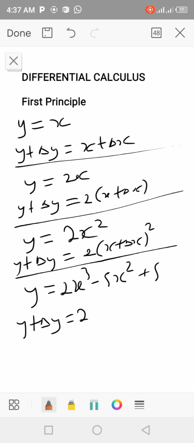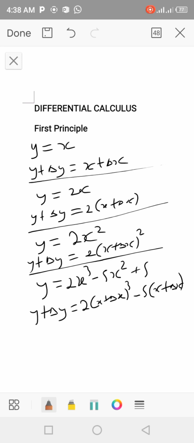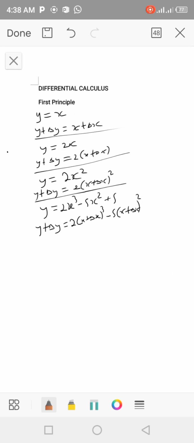So that's going to be 2 into x plus changing x raised to power 3 minus 5 into x plus changing x raised to power 2, then plus 5.